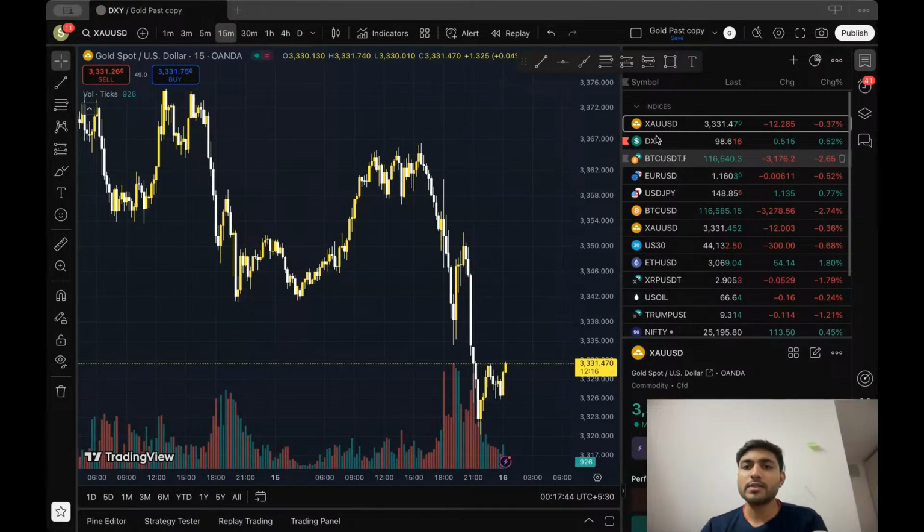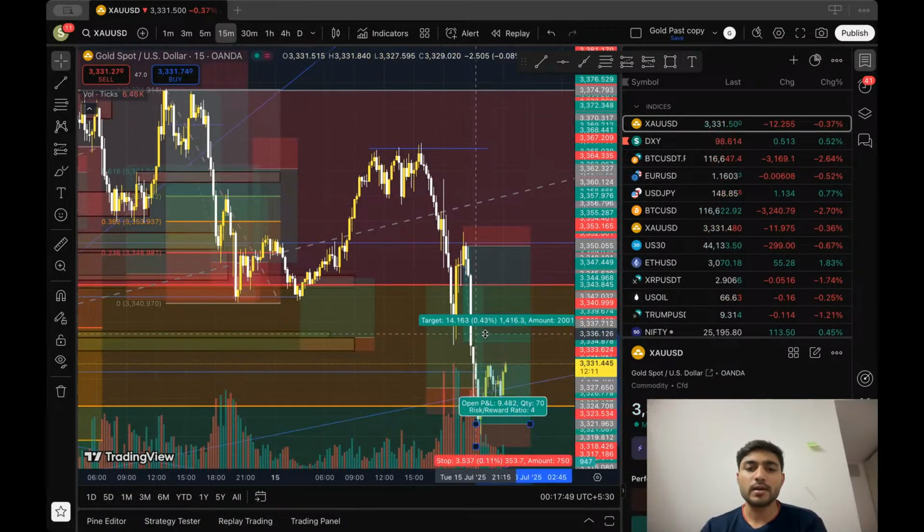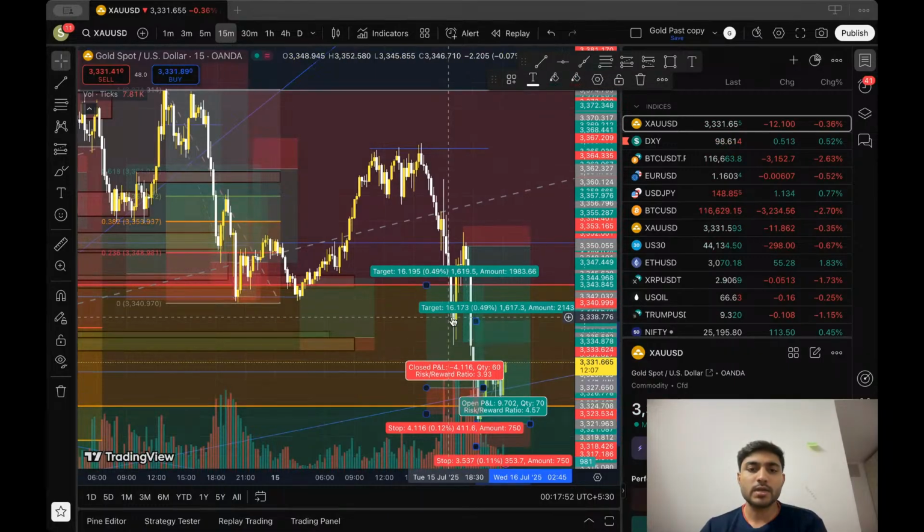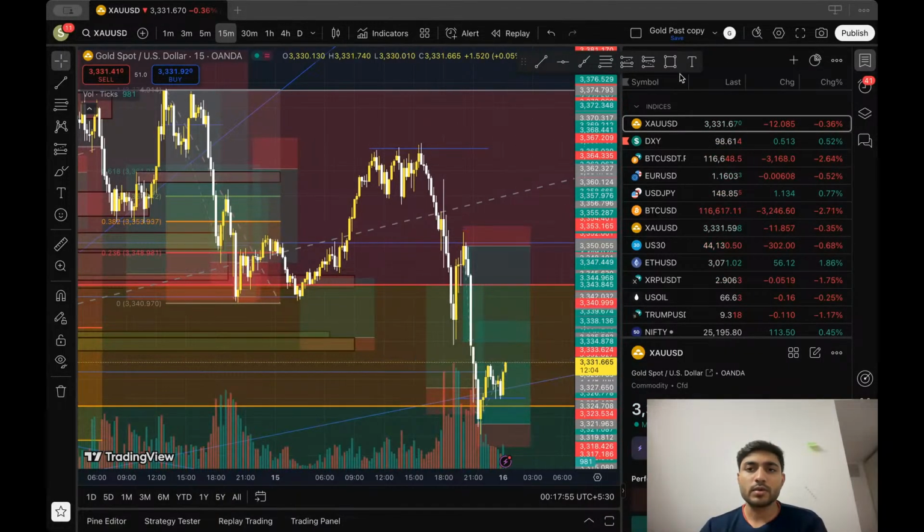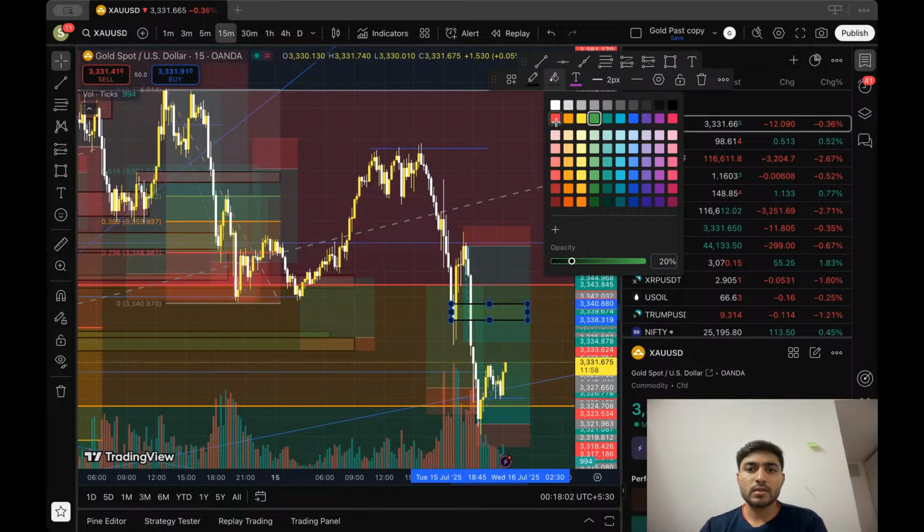But as long as DXY is falling, I'm okay to hold it till these levels, because this market structure failed. So I'm obliged to take this as a resistance.